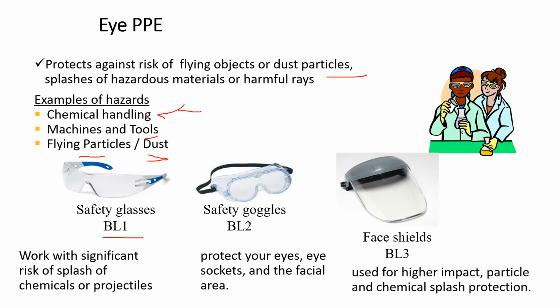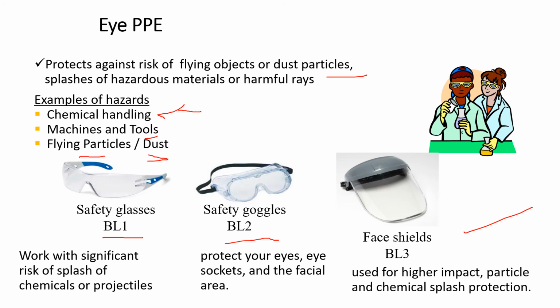So BL1 is the first grade in labs, the safety glasses, the second one is BL2, and the third one is BL3, which is also called a face shield. BL1 is for work with significant risk of chemical splashes. You can see this can only protect your eyes.